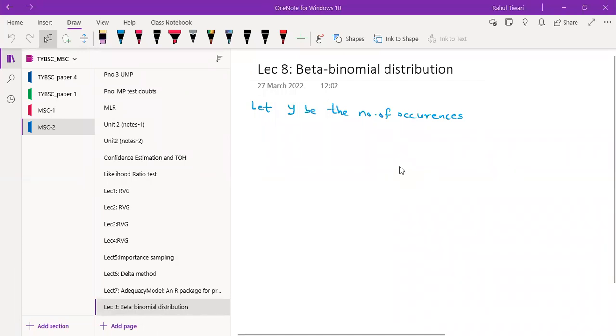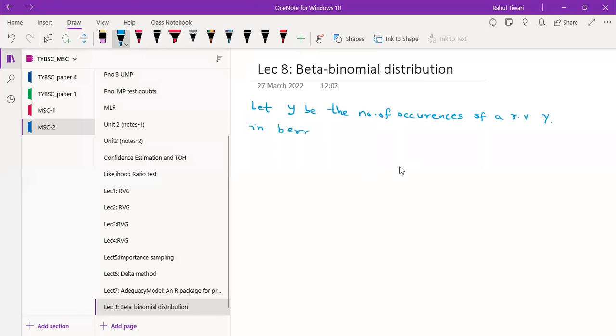So let y be the number of occurrences of a random variable y in Bernoulli trials with success probability p, and p lies between 0 and 1.